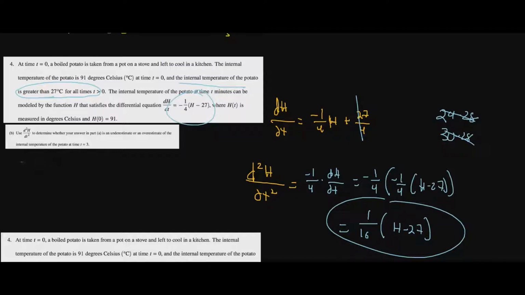So now we know d2, our second derivative of h is always positive, which is concave up.